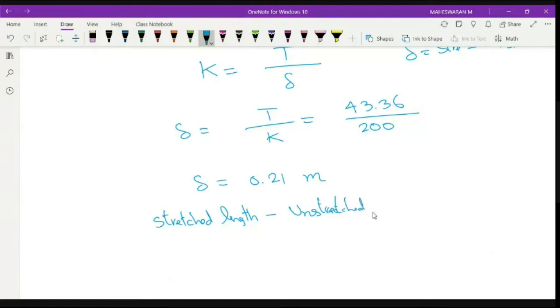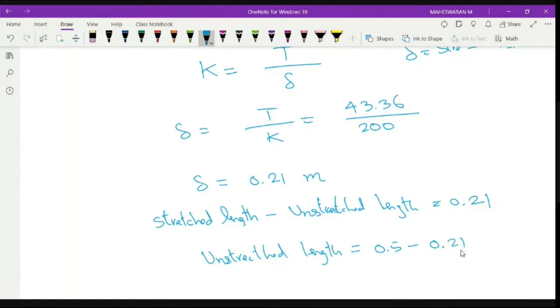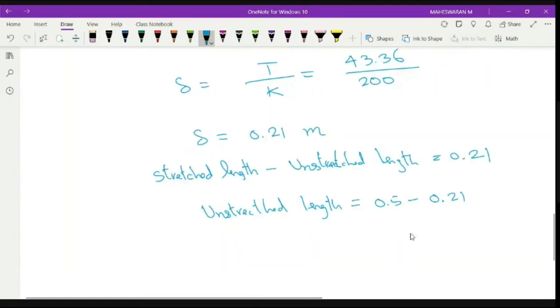I want the unstretched length, so just move this to the other side. It is 0.5 minus 0.21. So what is the value?